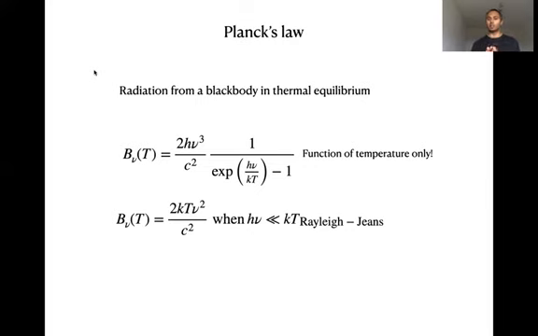And so if these two conditions are satisfied, then the specific intensity is given by the Planck law, and that's the law here. So this is I basically for a black body. It has units of ergs per second, per hertz, per square centimeter, per steradian. So this is specific intensity. I've written a subscript nu here, because a lot of times you will encounter the Planck law expressed in wavelength units.